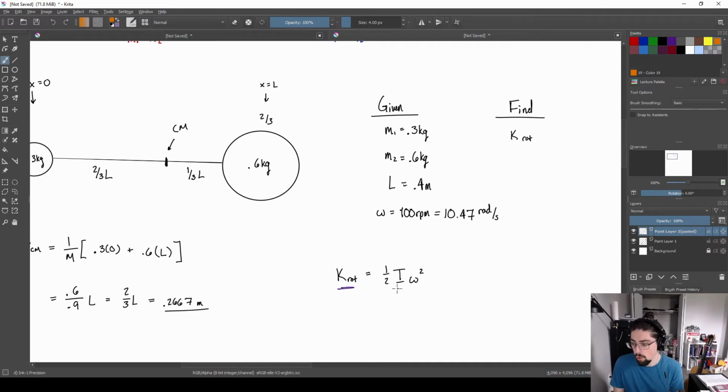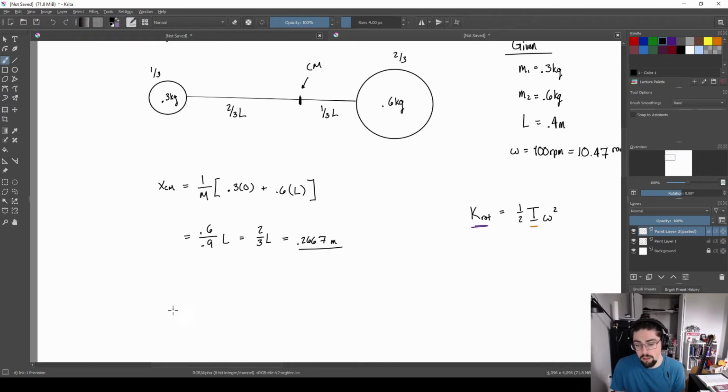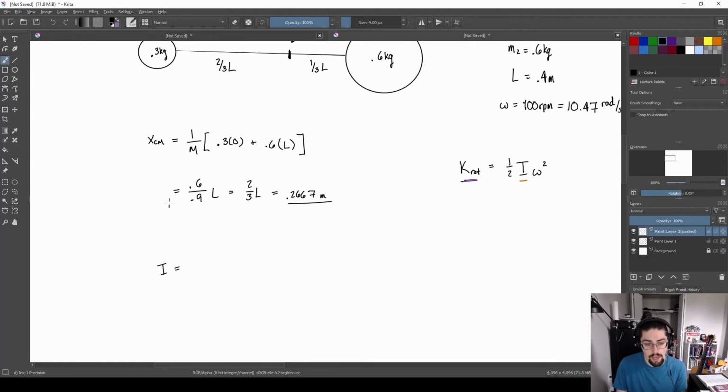Let's go ahead and highlight this orange. Say we need to find this first. I'm going to take these quantities right here. Remember that the full equation: I should be equal to the sum of every single mass times every single radius squared that it is away from where we are spinning around. Long and short of this is that it should be essentially mass 1, R1 squared, plus mass 2, R2 squared.